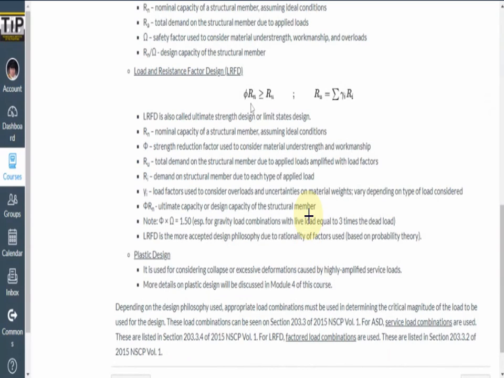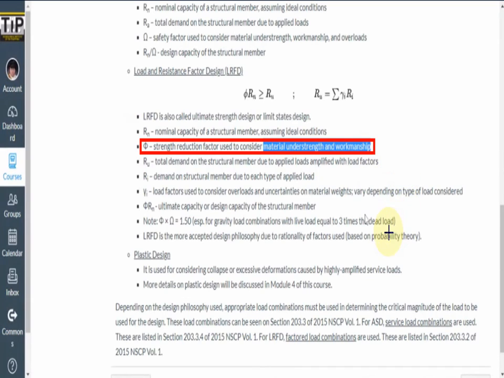So again, Rn is the nominal capacity. Then we have phi. This phi right here is called the strength reduction factor. And this strength reduction factor is used to consider material under strength and workmanship. Now, how do we consider the overloads in that case?